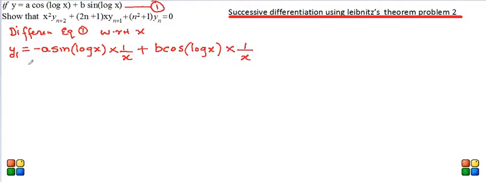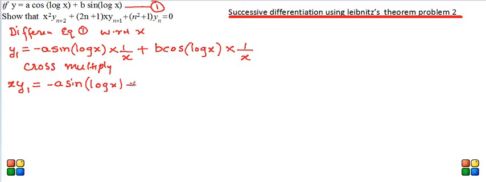After differentiating, as a rule, we cross multiply in order to avoid the quotient rule. So when we cross multiply, both x are taken as LCM, this x will come to this side, so this becomes x y1 is equal to minus a sine of log x plus b cos of log x.